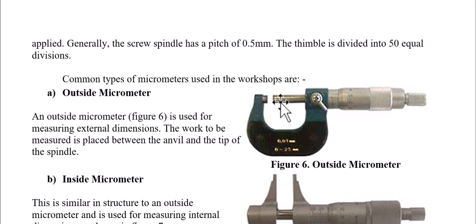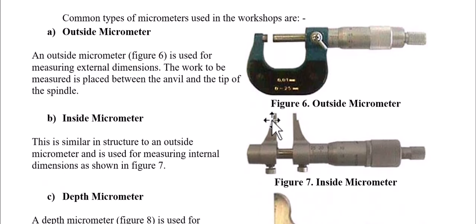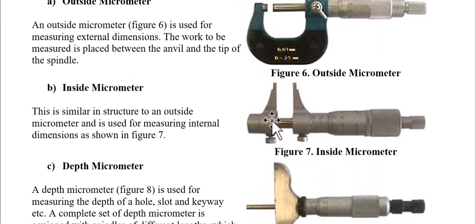The outside micrometer is used to measure the outside diameter of the workpiece or of your material or the part. The inside micrometer is used to measure the inside diameter of the workpiece or of the material.